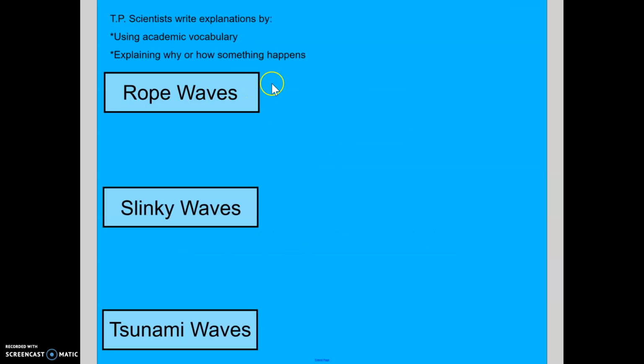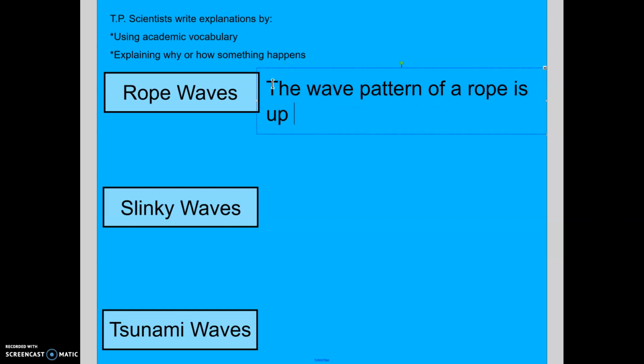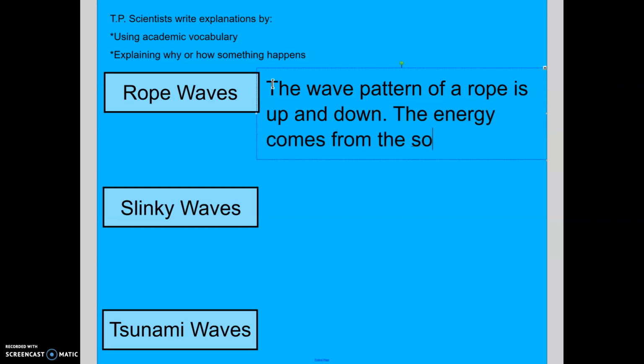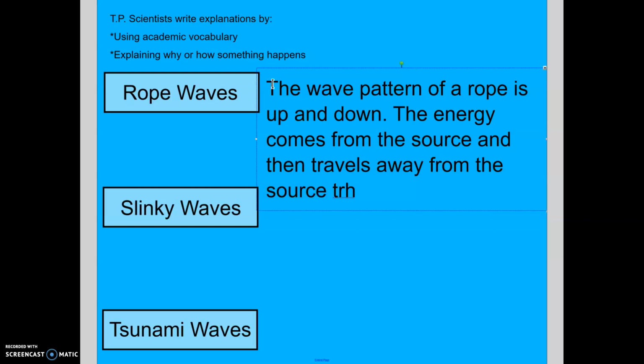And remember, I want to use this academic vocabulary: wave, communicate, and wave pattern. So in the rope wave, the wave pattern of a rope is up and down. The wave, we'll say the energy, comes from the source and then travels away from the source through the rope.